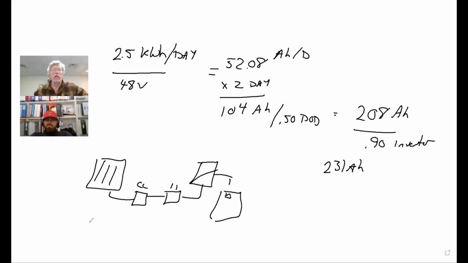And this is an important concept to understand. If I look here at my drawing of a standalone system, the important concept is that when I turn on an appliance or a load, basically what's happening is power is being drawn from the battery through the inverter to the load.